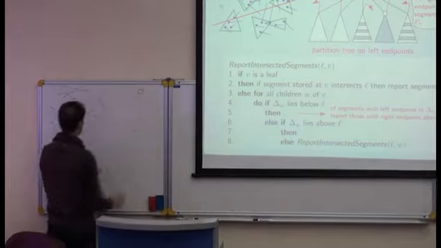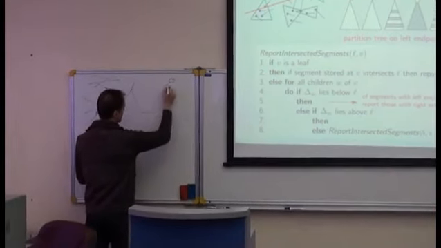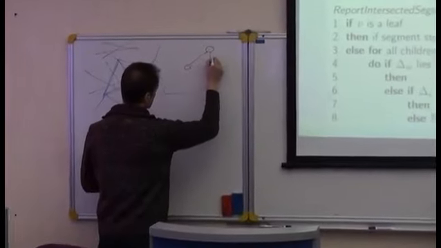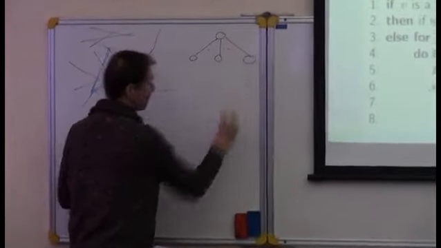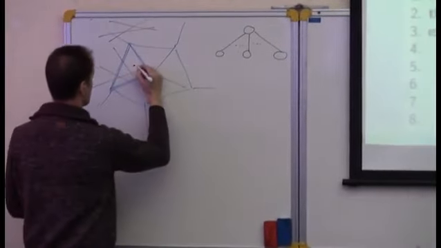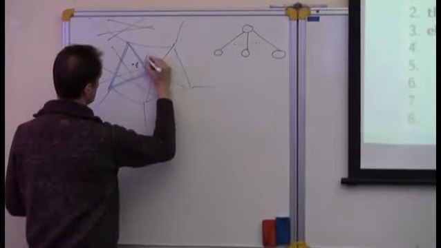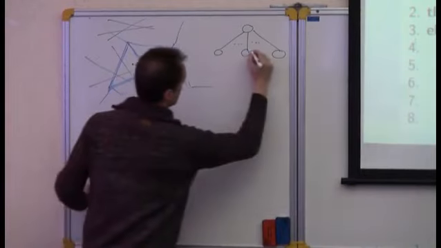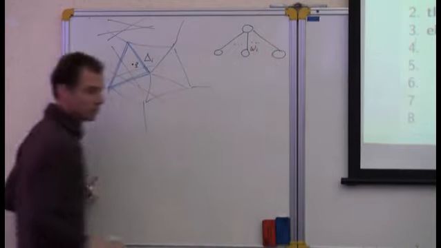well, then in my tree, let's say I go to the root, I check all these triangles. Let's say my query point Q is inside this triangle delta i. Then I go to this corresponding node w i.